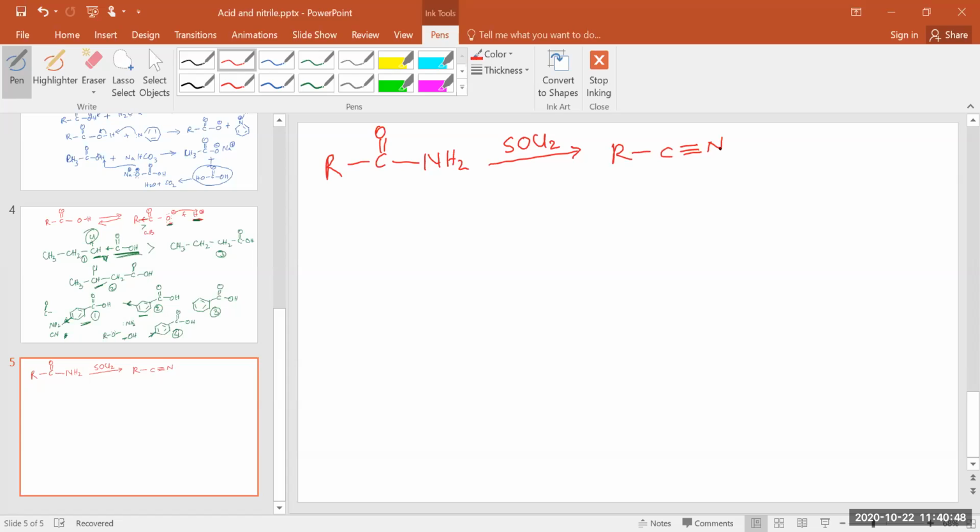Remember this one. Okay. So how does this reaction happen? So see the mechanism. See, this is SOCl2. So here sulfur is highly electrophilic. So what happens? This will come here and this will react with this. And this will go there.